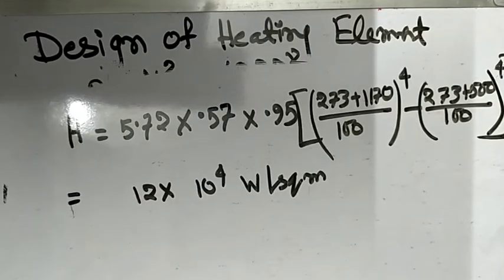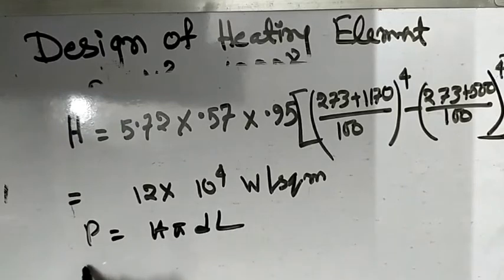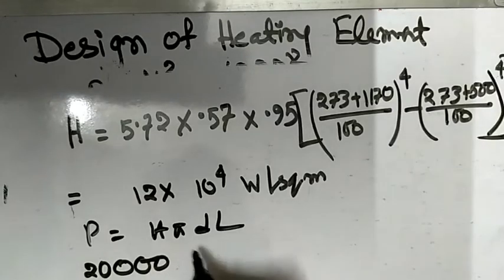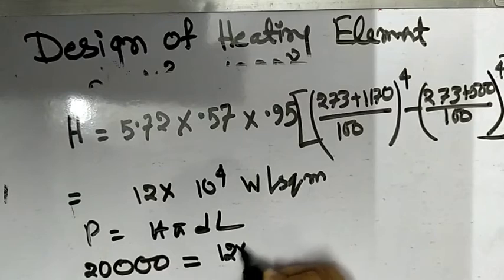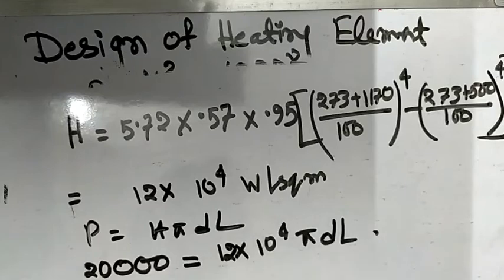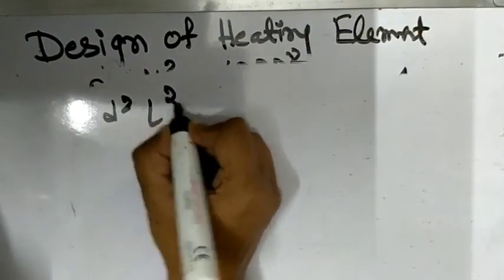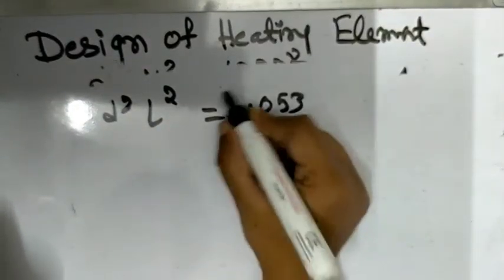Now P is equal to H pi dl. P is given 20 kilowatt, so we can write 20,000 watt, and the value of H is 12 into 10 to the power 4, and pi dl. From this we can write d square L square is equal to 0.053.